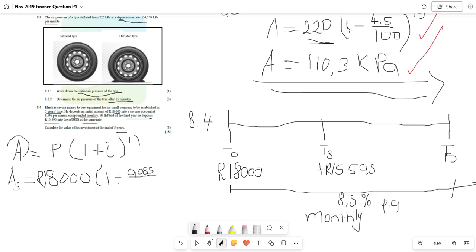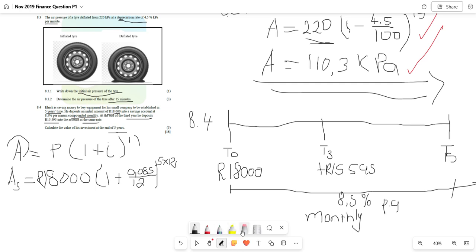Divide by the compounding period, it means monthly, so we divide by 12 months of the year. Close bracket. Now, how many months are there in 5 years? Because this money will be there for a period of 5 years. Then we say 5 multiplied by the number of months in 1 year. Therefore, there are 12 months in a year.